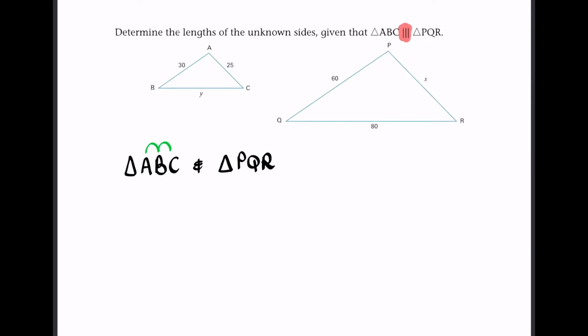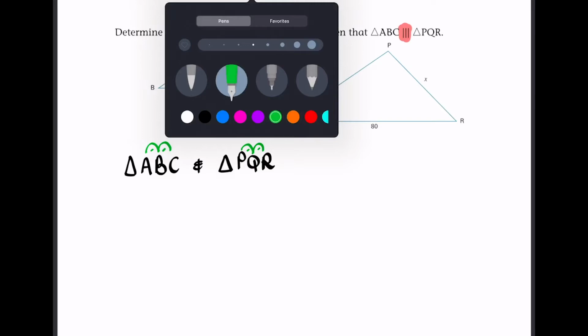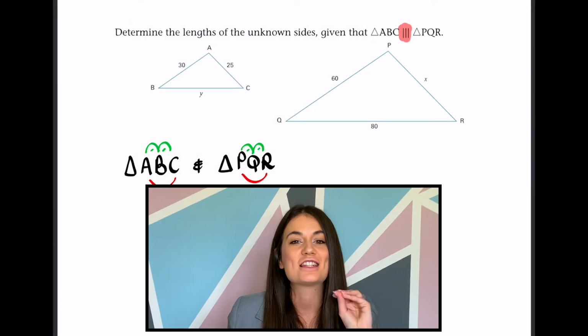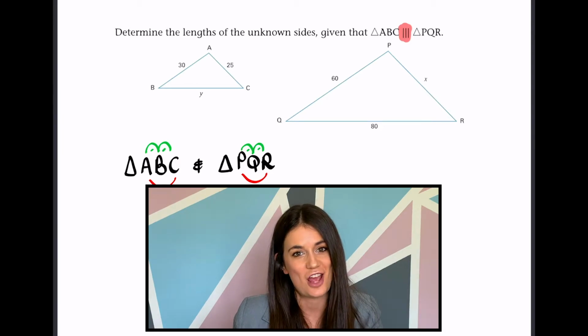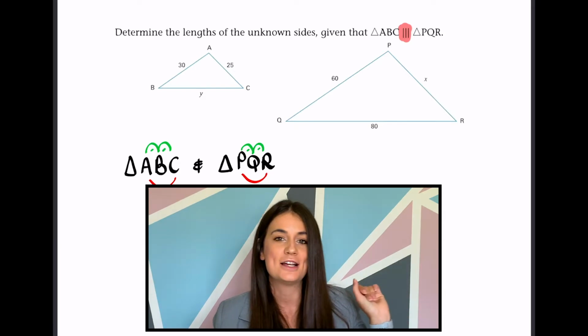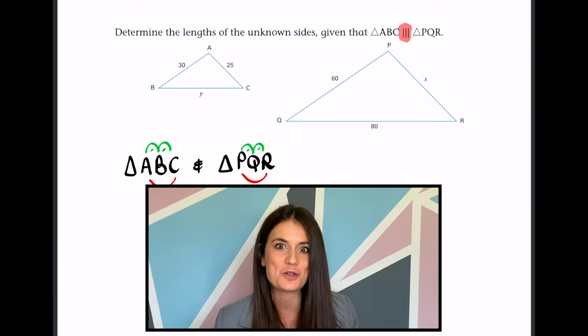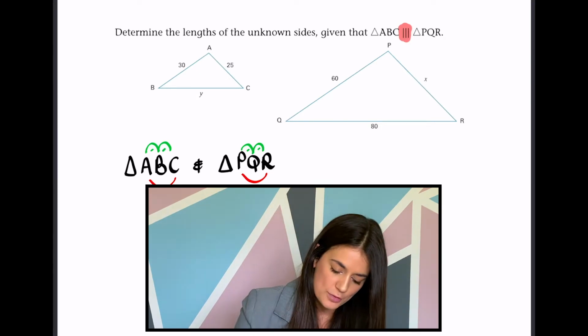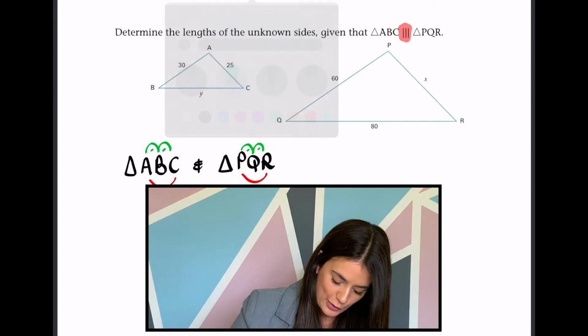Well, I have two eyes and I have a mouth. With similar triangles, the sides are in proportion to each other. So it's left eye over left eye, right eye over right eye, mouth over mouth. Obviously, we're not going to talk about it as left eye, right eye, and mouth, however, it just helps us to identify what we're working with.